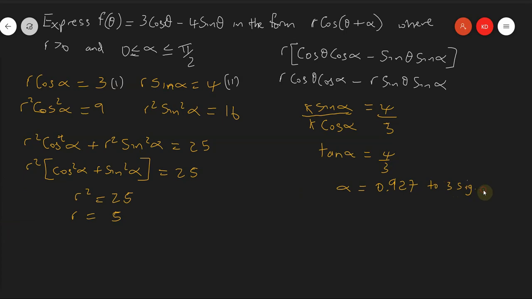Okay, so now that we have found r and we have found alpha, we can simply just write our answer.